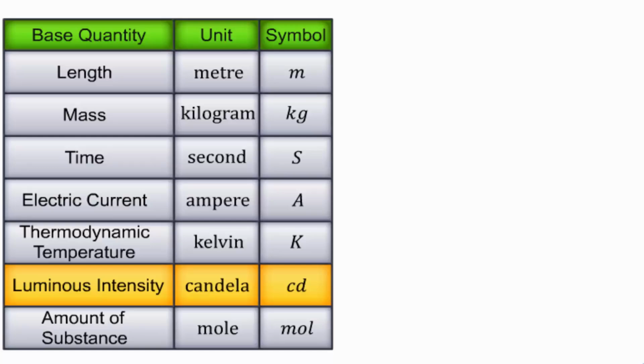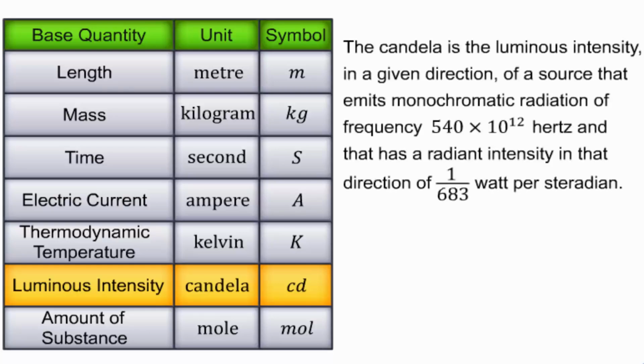A candela is the luminous intensity in a given direction of a source that emits monochromatic radiation of frequency 540 × 10^12 Hz, and that has a radiant intensity in that direction of 1/683 watt per steradian.